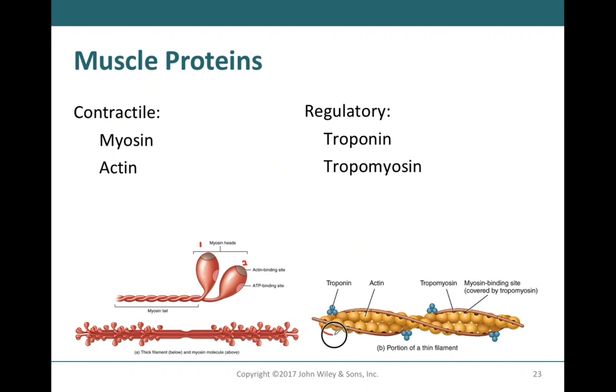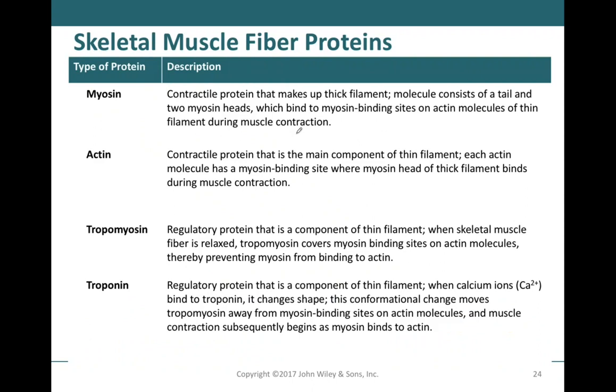So head 1 is going to jump from binding site to binding site. And once 1 has bound, 2 will release and then eventually walk its way up further. So we have this walking effect where the two myosin heads are walking up the actin molecule on the myosin binding sites of actin. I definitely want you to know the functions of each of these proteins and the characteristics of each.